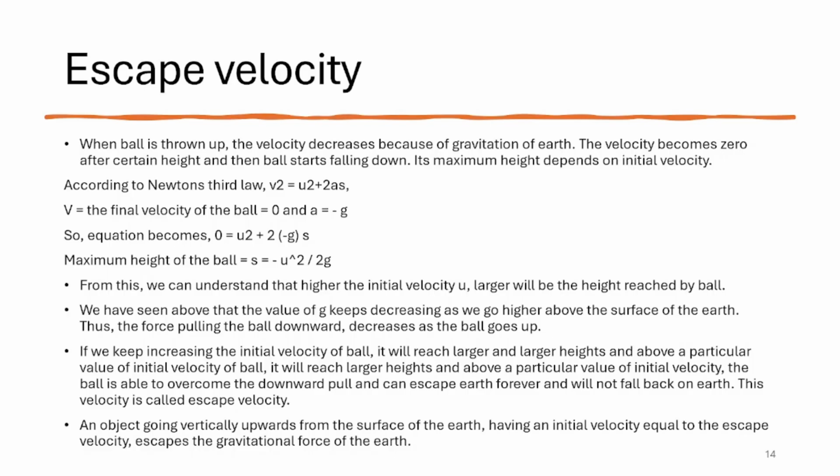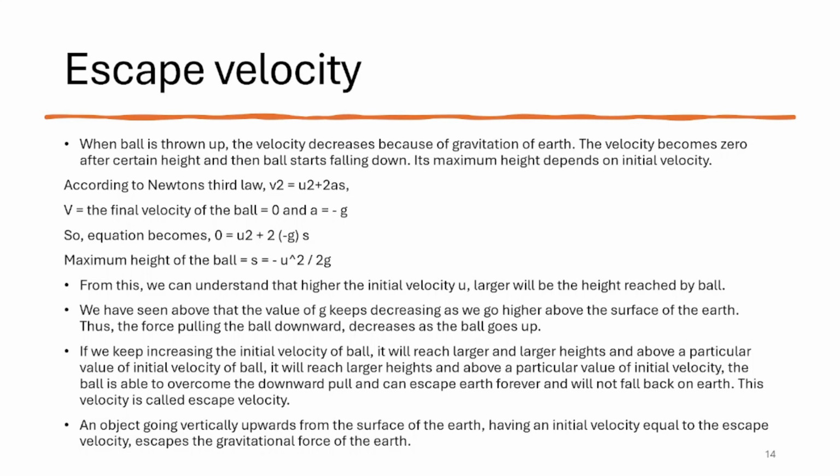V is the final velocity, which is obviously 0, and a is equal to minus g since it is a negative acceleration. So the equation becomes 0 is equal to u square plus 2 in bracket minus g into s. So the maximum height s will be u square by 2g. From this we can understand that the higher the initial velocity, the larger the height reached by the ball.